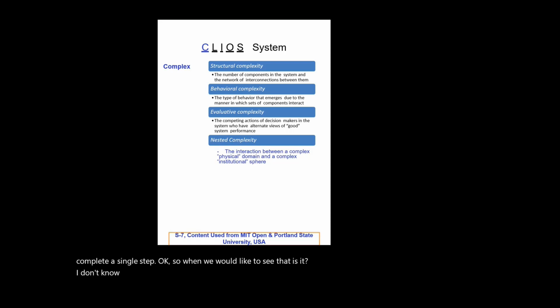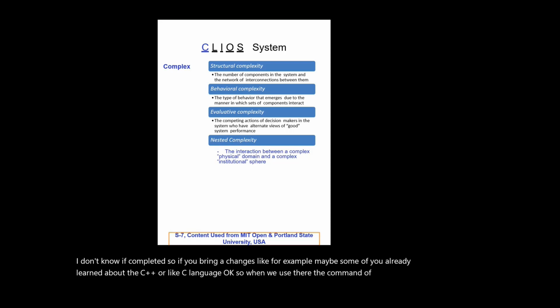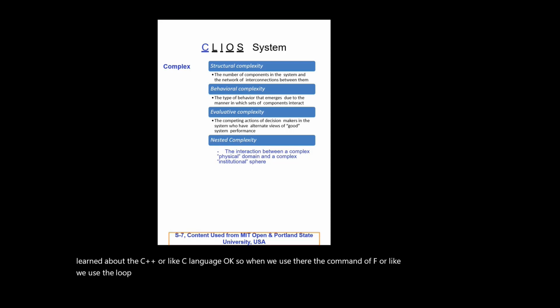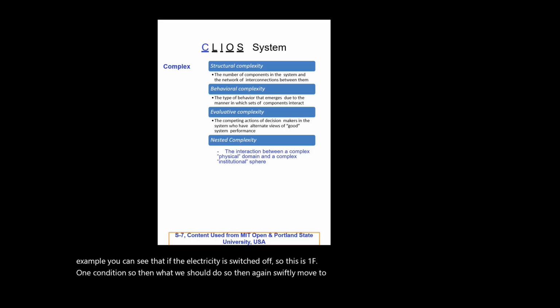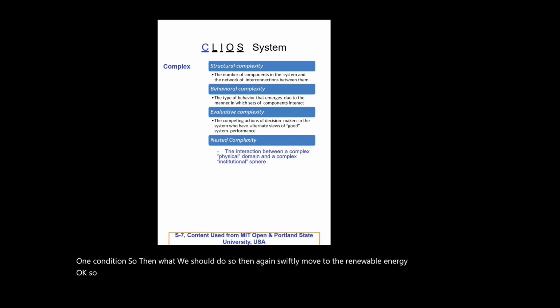If you bring changes, for example, maybe some of you have already learned C++ or C language. When we use the if command, or the loop command, it means, for example, if the electricity is switched off, this is one condition. Then what should we do? We switch to renewable energy, so again we use another command.